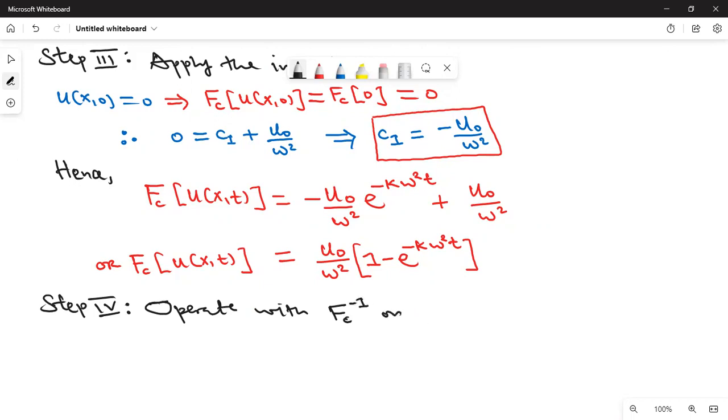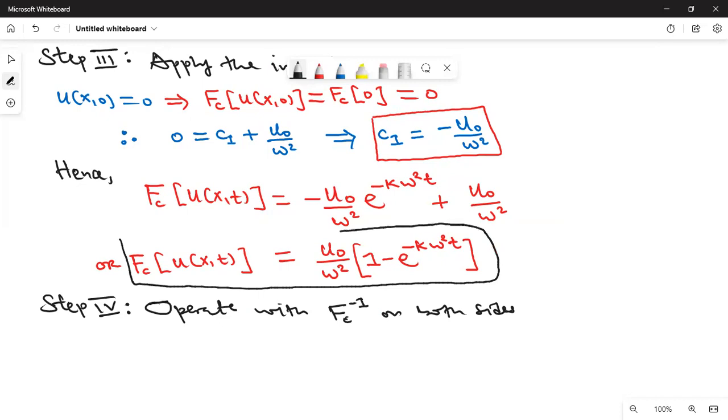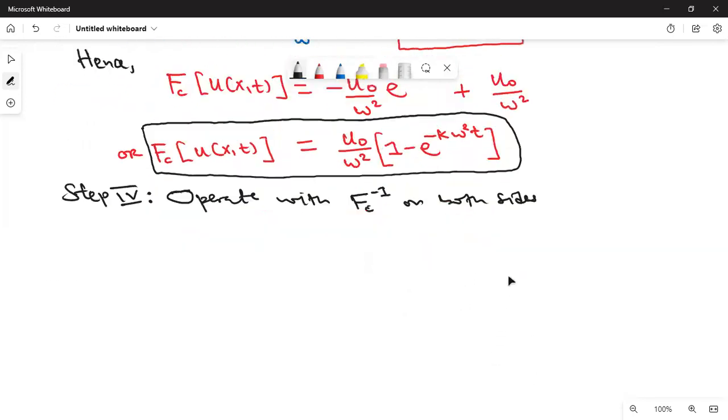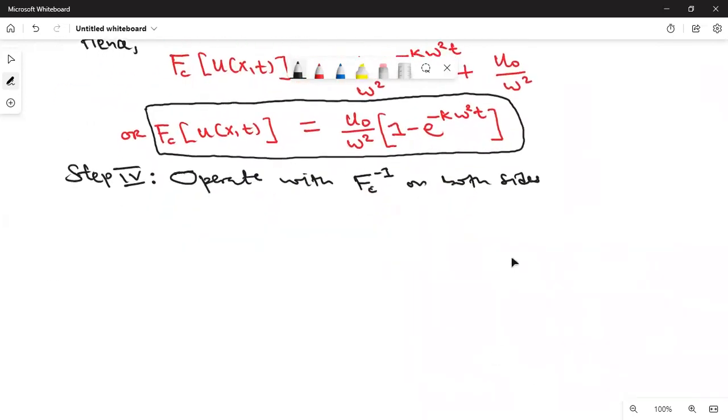This is fc, f subscript c, on both sides. On both sides of this equation, the one that I am bracketing, that's what you need to operate on. Remember, fc inverse is the inverse Fourier cosine transform operator. So when you operate with it on the left-hand side, what are we going to get? On the left-hand side, we are going to get u of x,t.